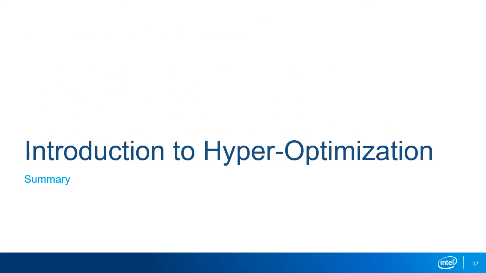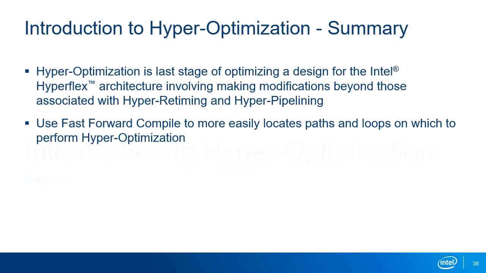This concludes our Introduction to Hyper-Optimization online training. In this online course, you learned that hyper-optimization is the last stage of optimizing a design for the HyperFlex architecture, and that it involves analyzing and potentially restructuring the design to achieve performance gains beyond what is possible with just hyper-retiming and hyper-pipelining alone.